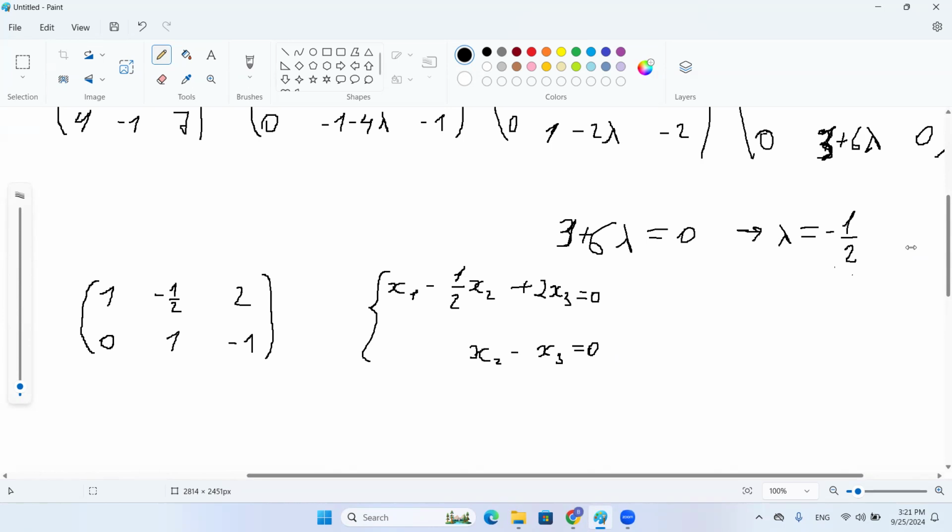Okay, Daniil. I don't actually remember what a free and basis variable is, but you can say that x2 equals x3. Yeah, okay, 2x2 equals x3. Correct. Thank you again, but better raise your hand before.